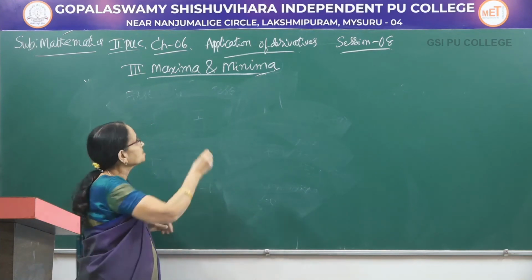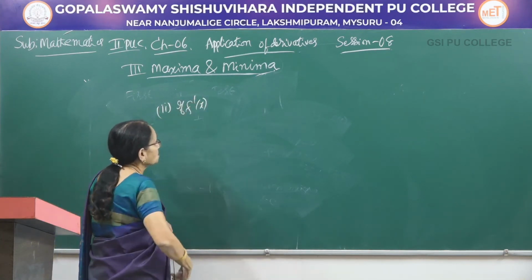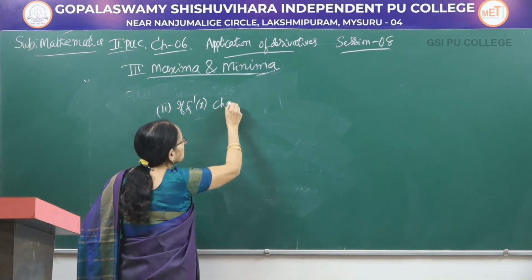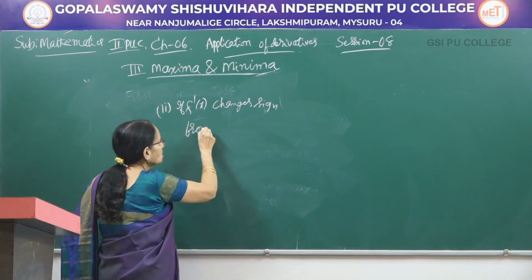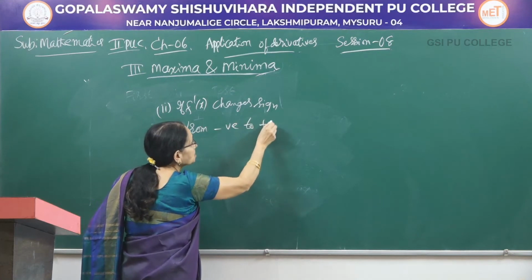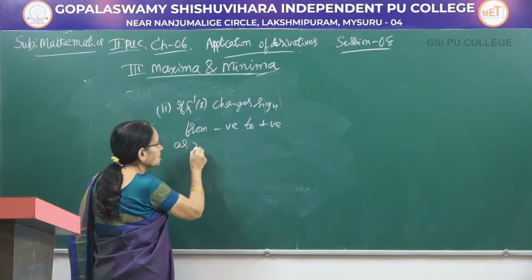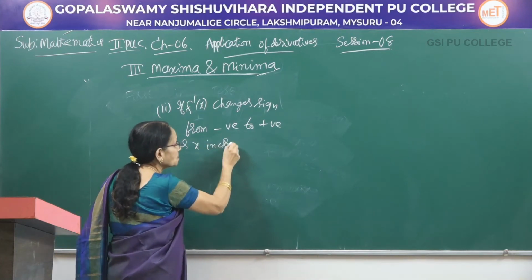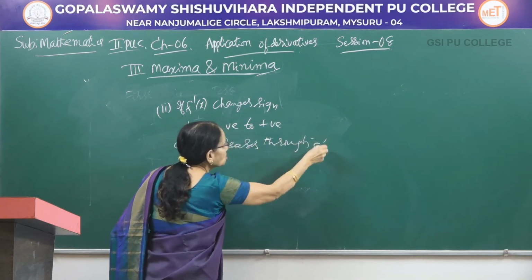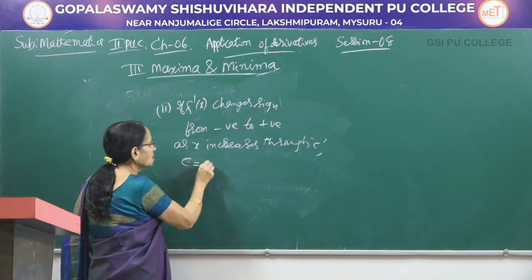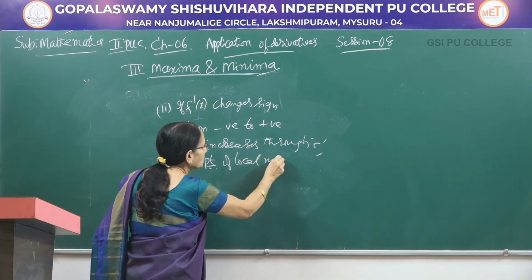value. When C is a local maximum point, the value f of C is called the local maximum value. Similarly, the second part: if f dash x changes sign the other way, from negative to positive, as x increases through C, then C is a point of local minima.